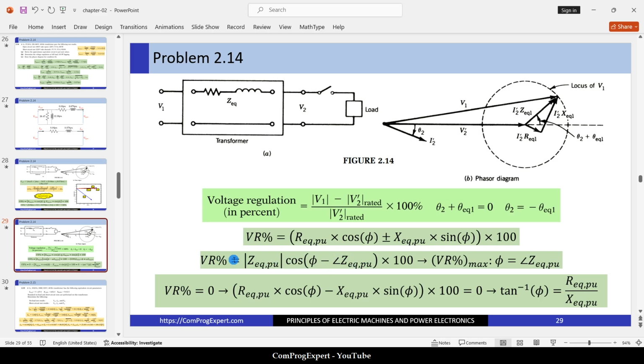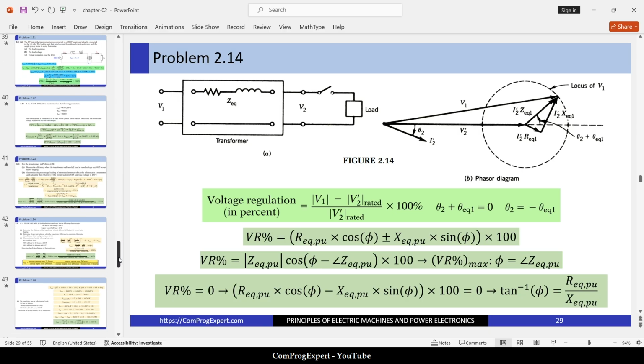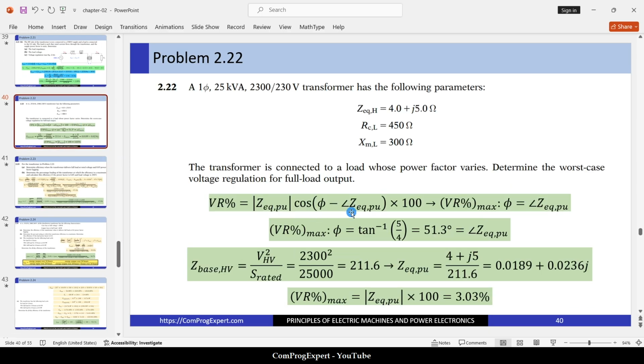Here is the actual value, the amplitude of the Z equivalent per unit times this. So in this case, we should calculate the value of the load power factor, right, that we have the maximum voltage regulation, and finally calculate the worst case voltage regulation. The worst case occurs for an inductive load.